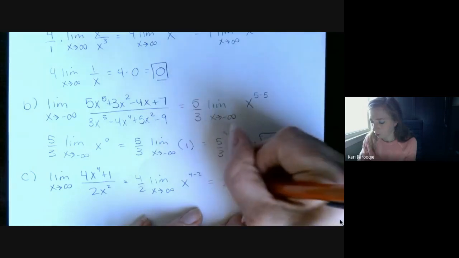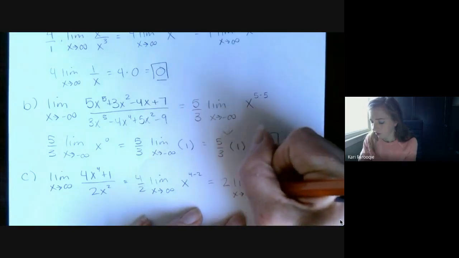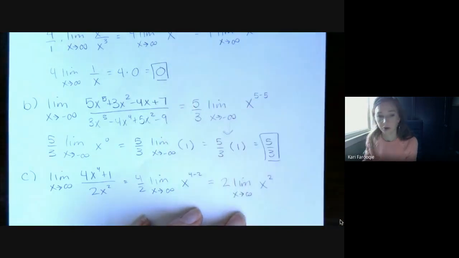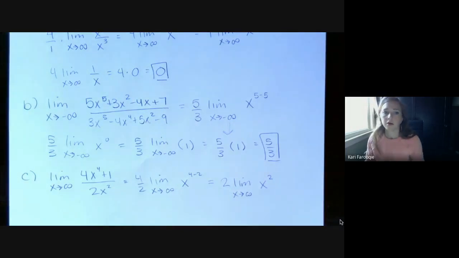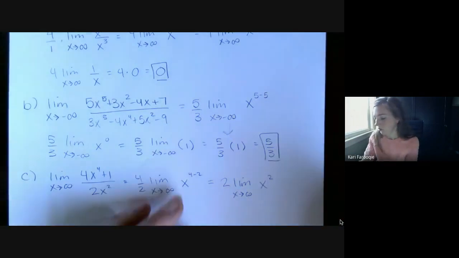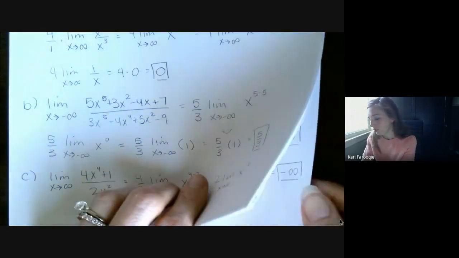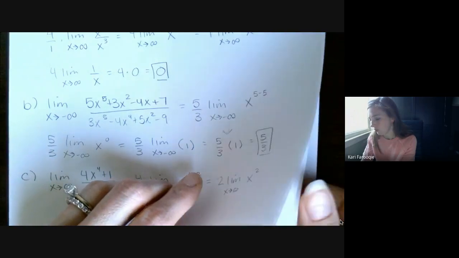Okay, so we have twice the limit as x approaches infinity of x squared. Now, if you feel really comfortable saying, well, x squared is quadratic, it's just a parabola that opens up. Clearly, the end behavior must be positive in both directions. That's fine. Otherwise, go back to your rules.